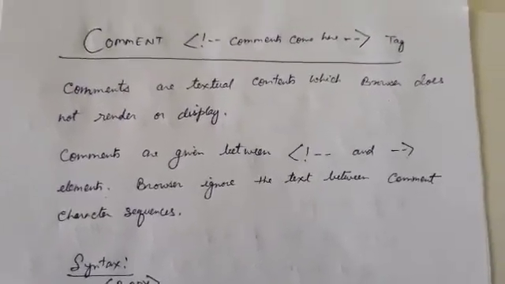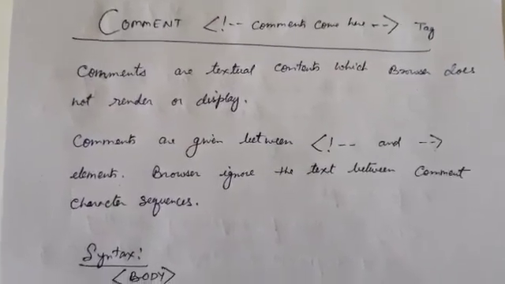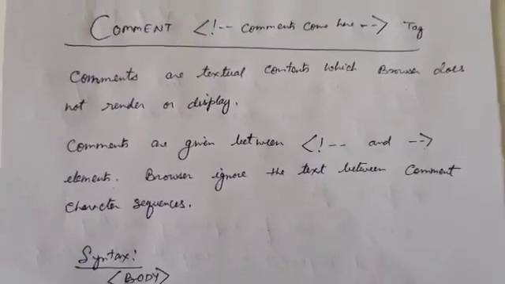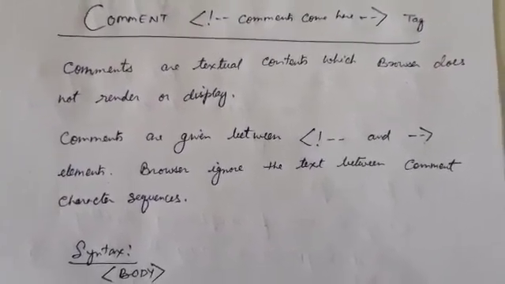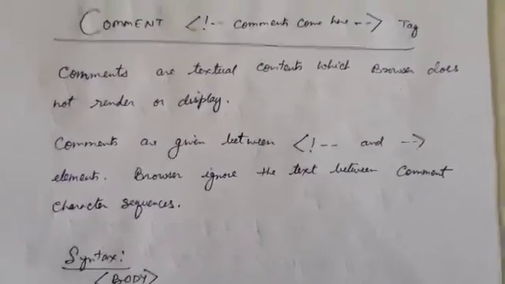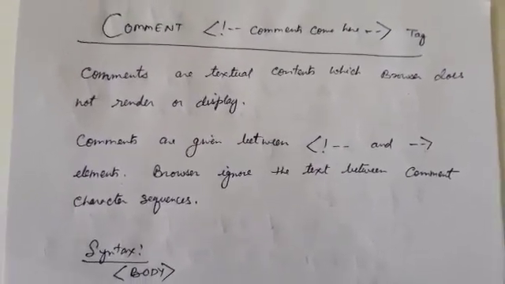The browser will not render or display that comment on the internet. Any browser will hide the comment, whatever you write. So that is only for our reference as a developer.